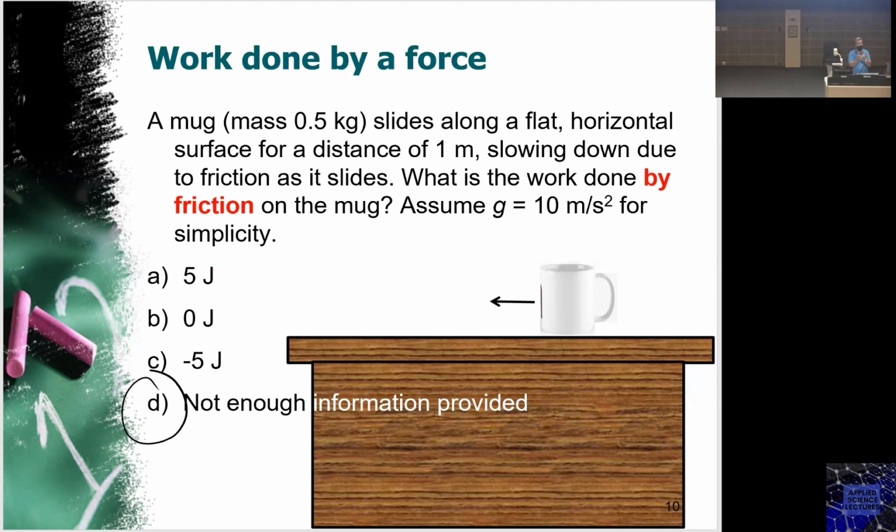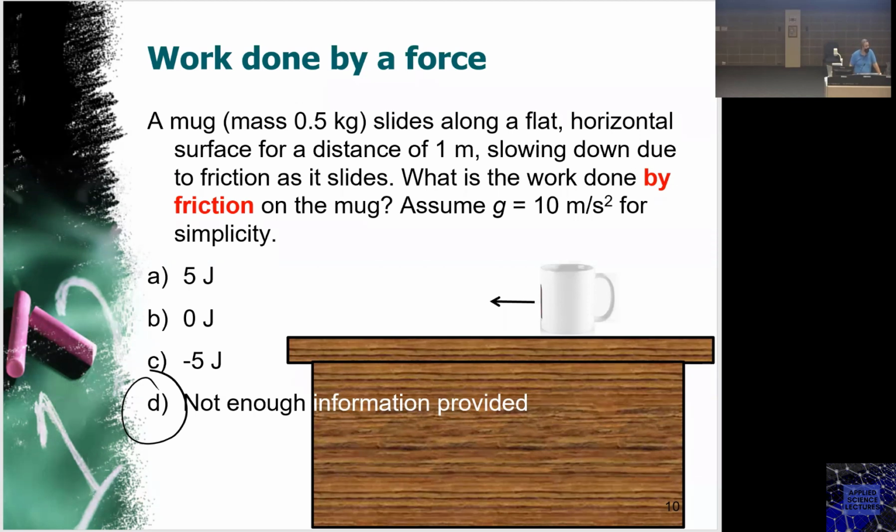Because the friction is in the opposite direction of the motion, the displacement, which makes the angle between the friction and the displacement 180 degrees.